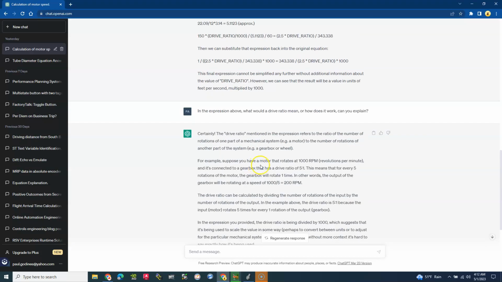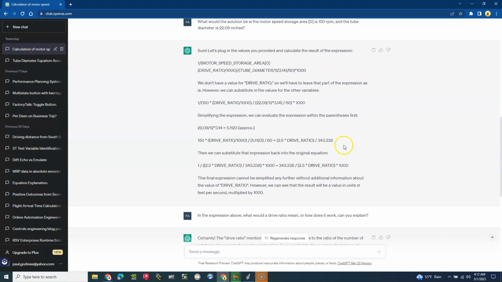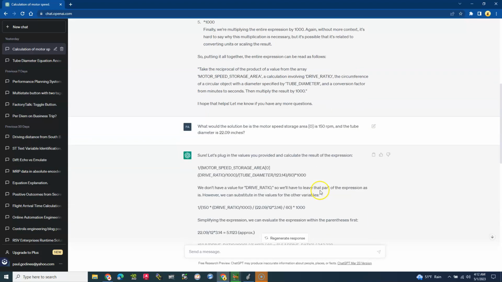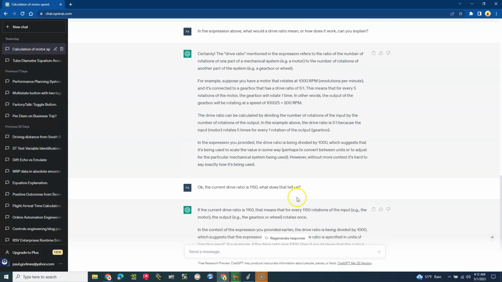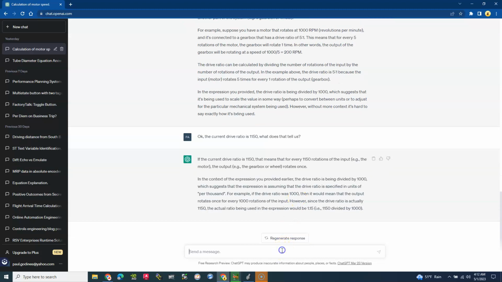Then let's go up here and get our full expression. We're going to copy that, come down here, and say, please solve this equation.